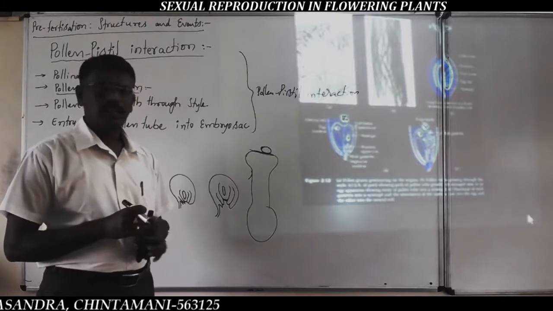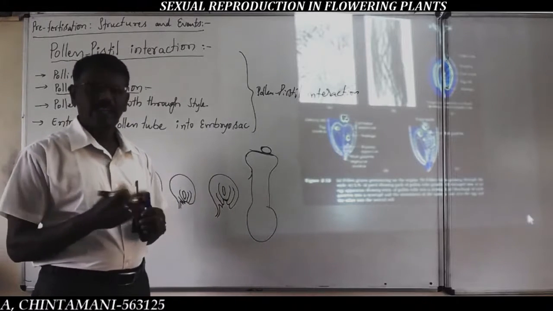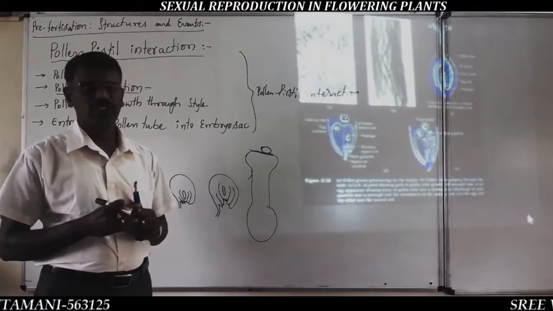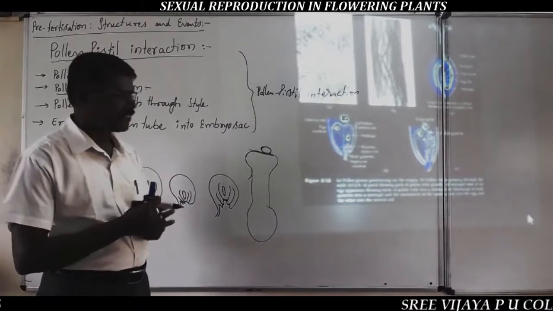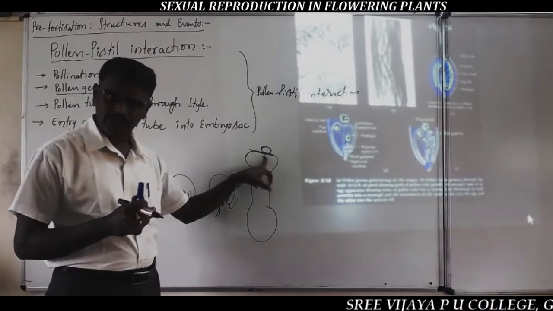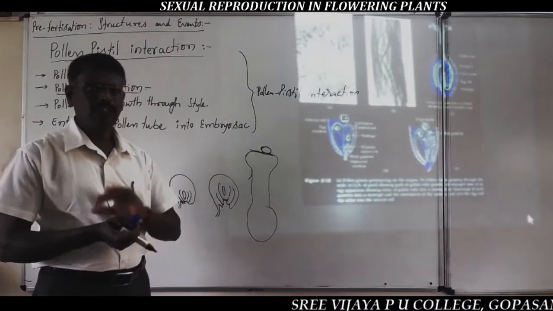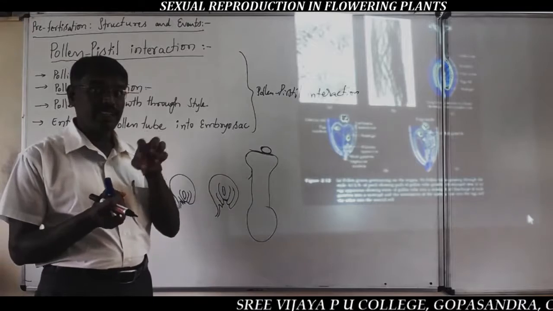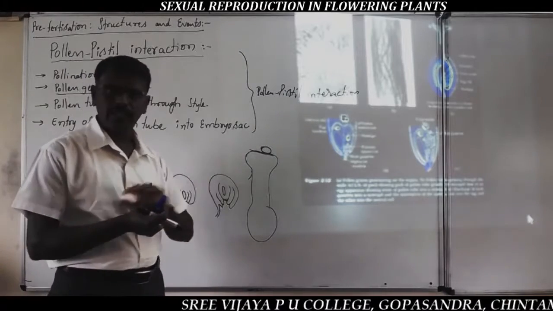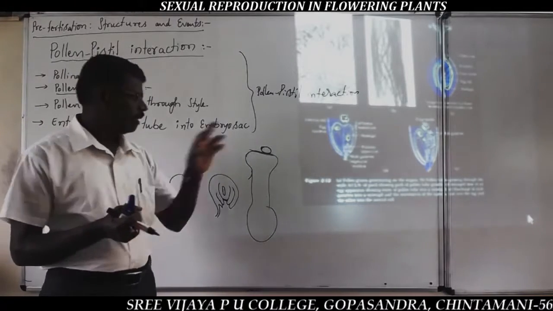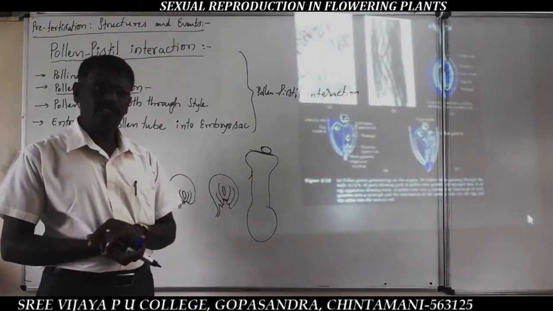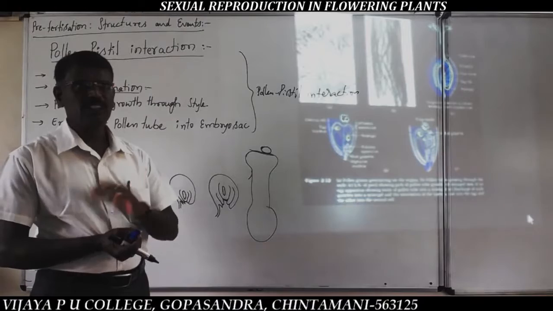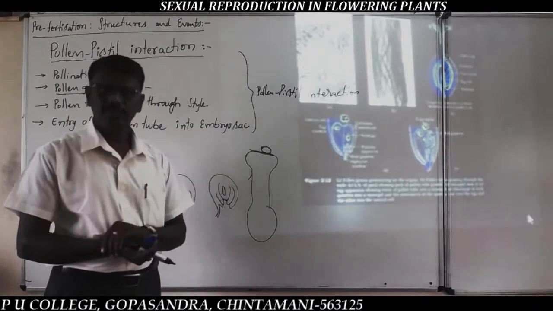The stigmatic surface has chemicals like enzymes, proteins, lipids and carbohydrates, and certain enzymes are also present in the germ pores of the pollen grain. The pollen exine is made of sporopollenin, with proteins and carbohydrates on it.